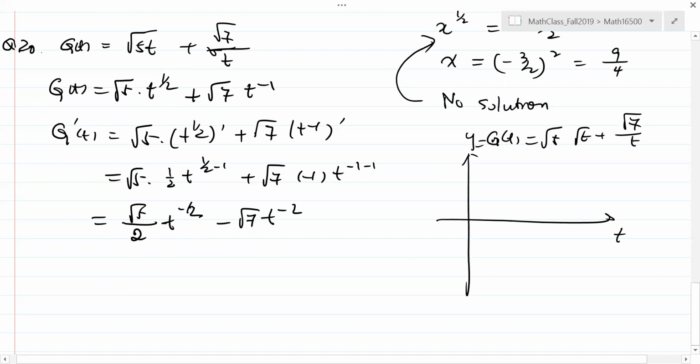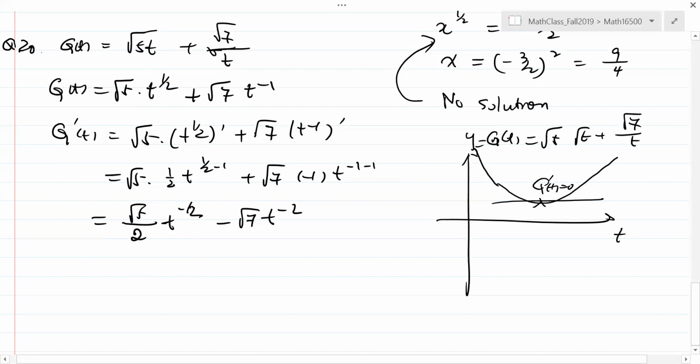So when t approaches 0 from the positive side, this approaches infinity. When t goes to infinity, it goes like that. So there should be a point where the derivative is 0 because the tangent line is horizontal. So from the graph, I can tell g prime of t equals 0 has a solution.